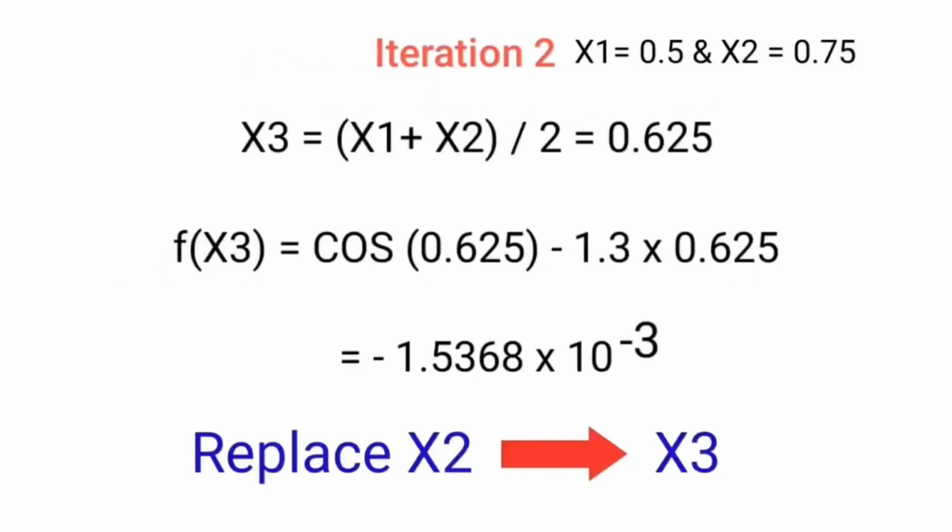The next step is the second iteration, with x1 equal to 0.5 and x2 equal to the new root, 0.75. Find x3, that is x1 plus x2 divided by 2, using the bisection formula. Then again find the function of x3, see the sign, and with the help of the sign replace x2 by x3.